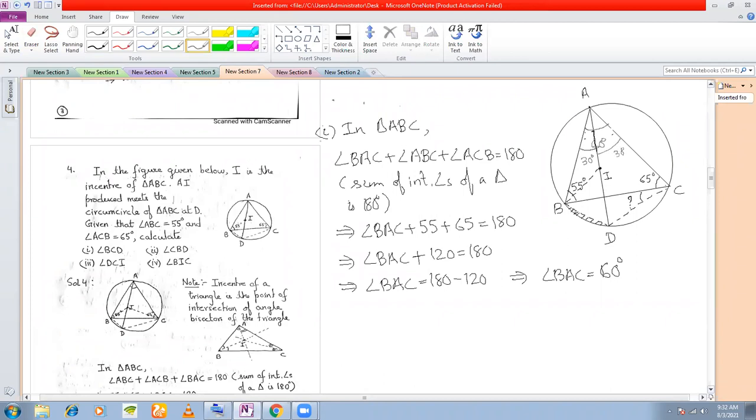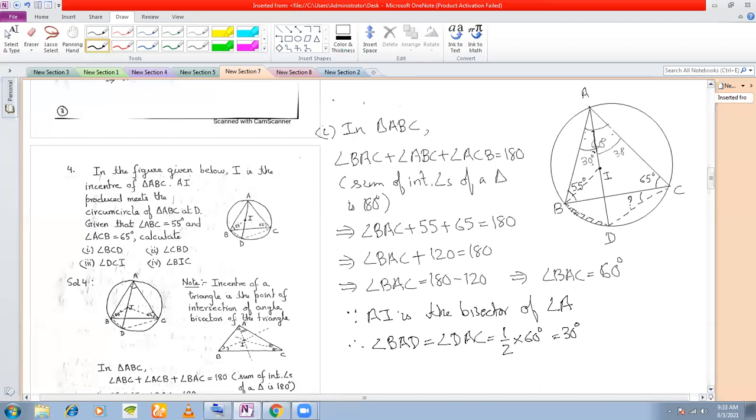Because AD, or AI, is the bisector of angle A. Therefore angle BAD will be equal to angle DAC, is equal to half of 60, which is equal to 30 degree. So both are equal to 30 degree.